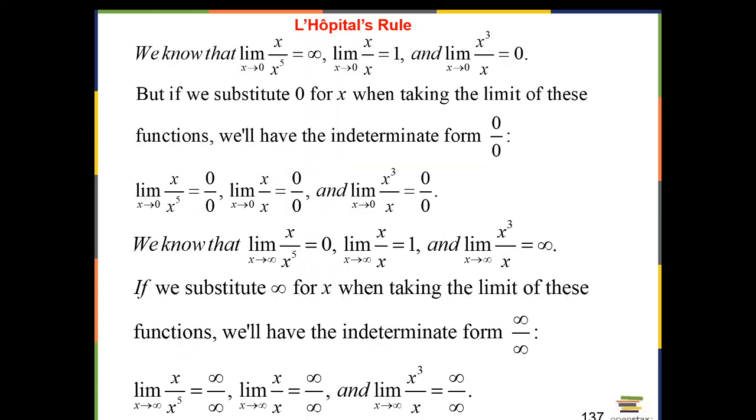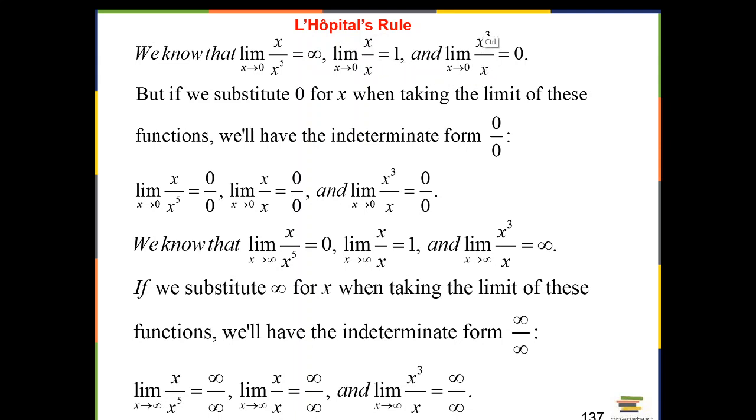Historically, first of all, let me give you some examples. So here we know that x over x to the fifth power, when x approaches 0, the limit is infinity. Why? Because we can cancel one x and get 1 over x to the fourth, and the answer is positive infinity. And x over x is 1, of course, because we can cancel the x's and get 1.